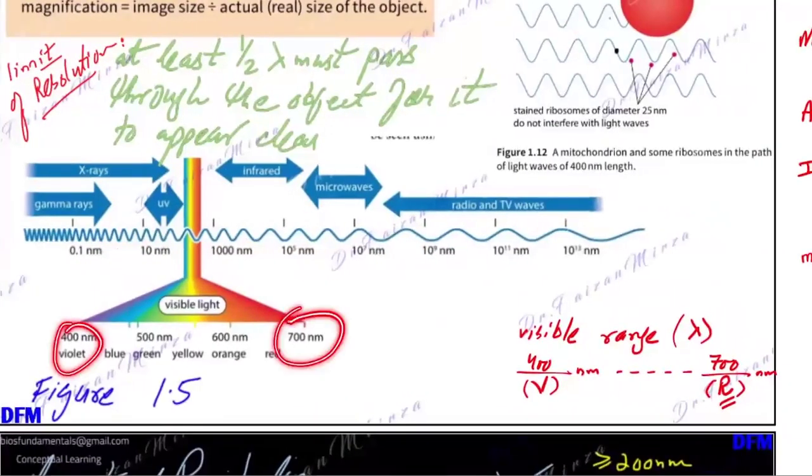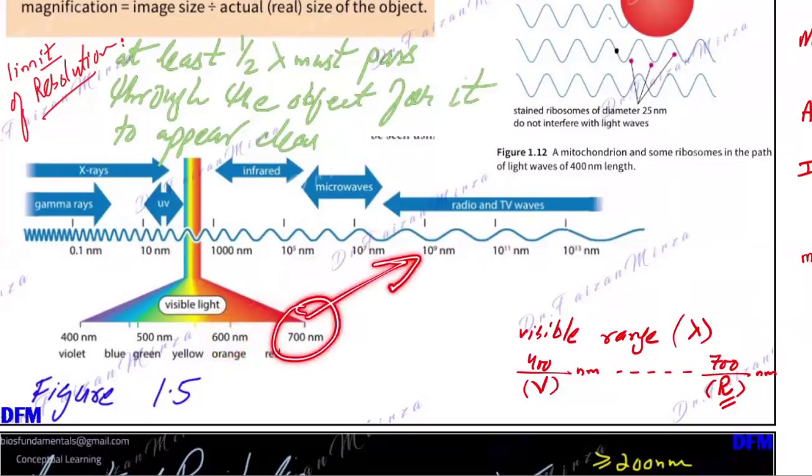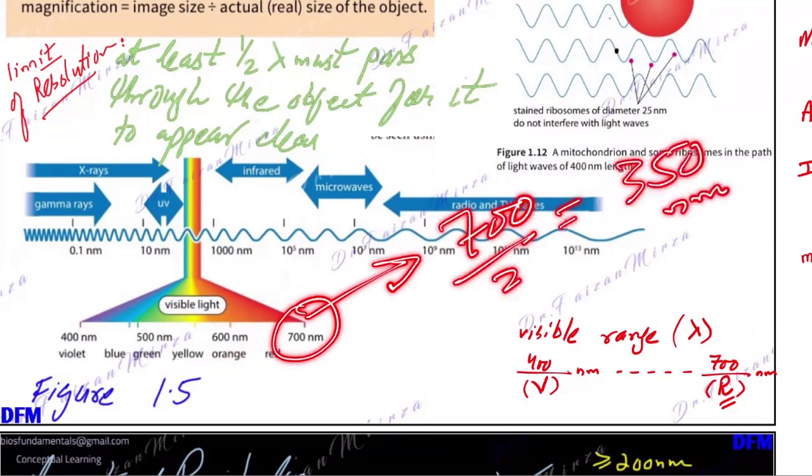But when you use a monochromatic light, it means you are using a light of a particular wavelength, for example, 600, for example, 700. Let's suppose I'm using a monochromatic light of 700 nanometers. In that case, my limit of resolution will be half of 700, which is 350. So now if I use this particular light, I won't be able to see any object smaller than 350 nanometers.